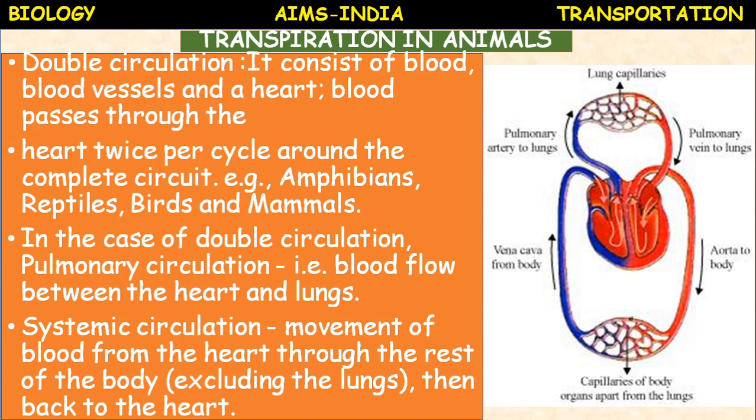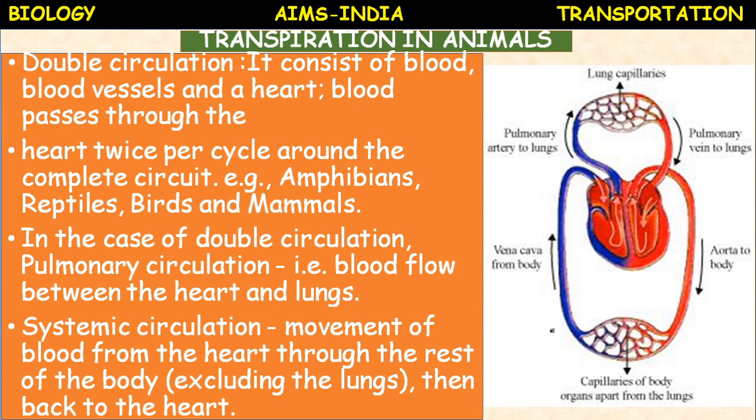Okay, here you can see the double circuit circulation or double circulation. Best example we can take our circulation. So the heart receives the deoxygenated blood from the body parts via veins, opens into the right auricle, pumps the deoxygenated blood into the right ventricle, and that is pumped into the lungs for oxygenation.